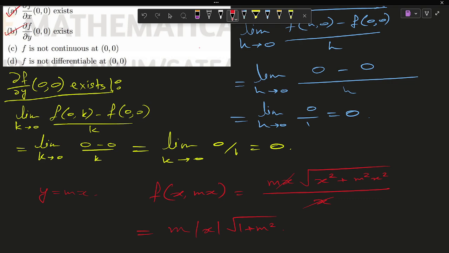As x tends to 0, f(x, mx) will tend to 0.